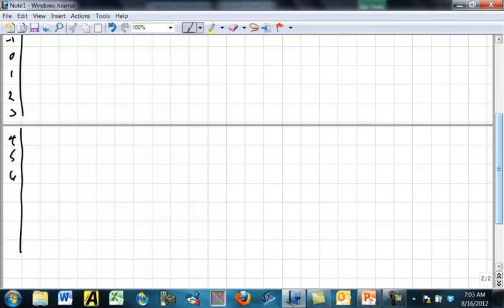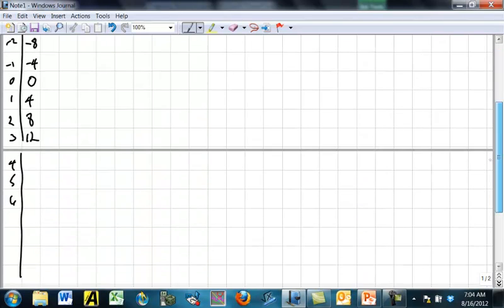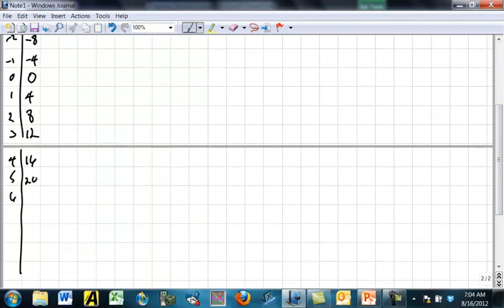I think that's about 12 points or so. And we multiply by 4 to get the output, so that makes this negative 20, negative 16, negative 12, negative 8, negative 4, 0, 4, 8, 12, 16, 20, and 24.